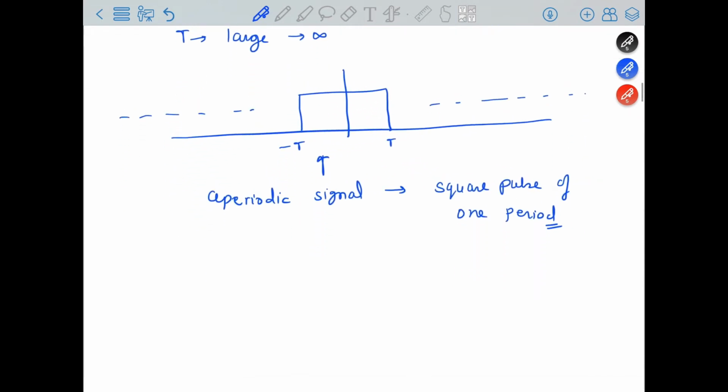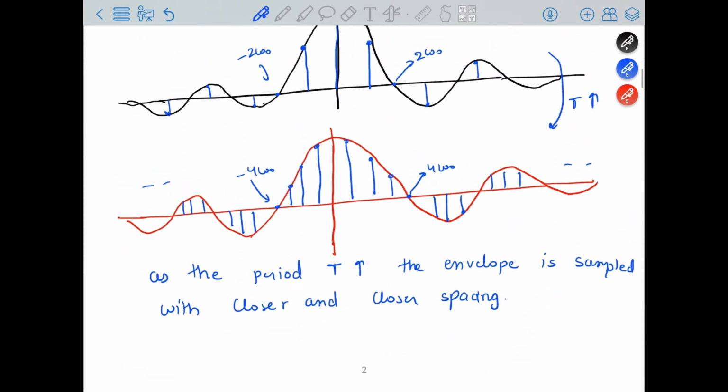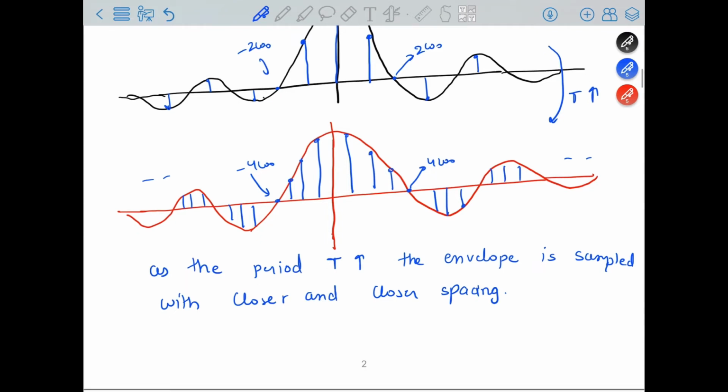And as we increase T to infinity, what will happen to the coefficients? Here we have seen that as we increase T, the coefficients become closer and closer, so that the envelope is sampled with closer and closer spacing, and as we increase T to infinity, the coefficients approach the envelope in some sense.